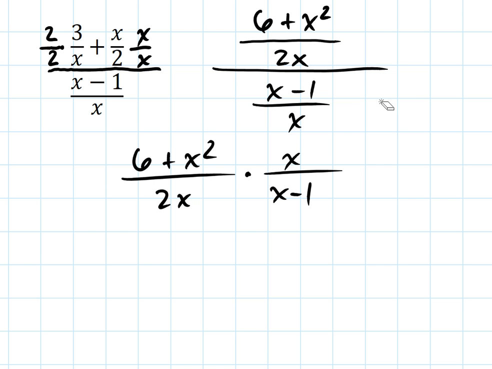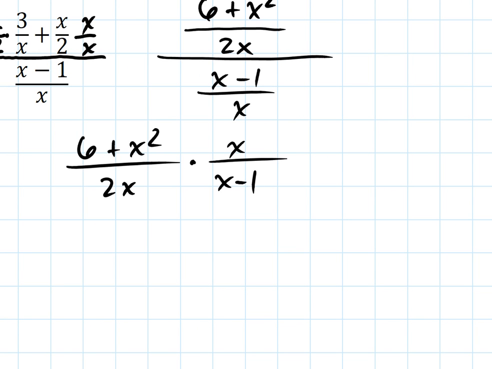So by taking the reciprocal of that, I turn this into a multiplication problem. Now if I go ahead and multiply the x times 6 plus x squared, which is going to give me 6 times x. Oh, before I do that, I'm seeing some common factors here. I should probably take advantage of that fact. Let me just write it all together here.